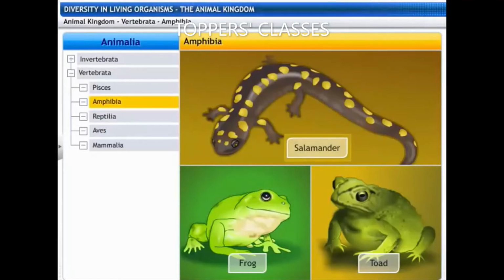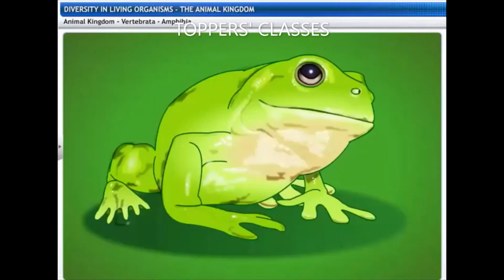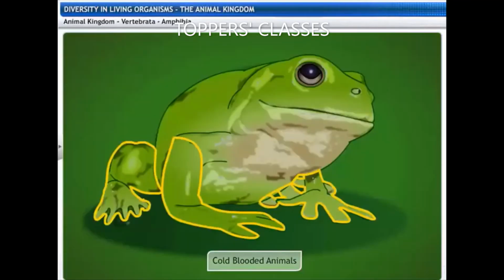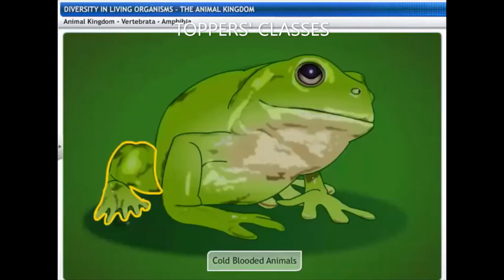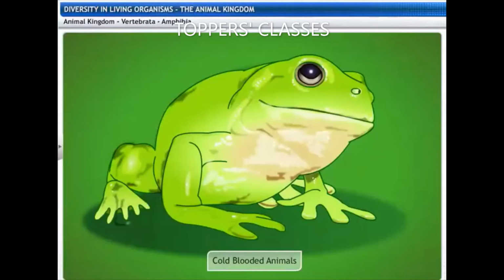Amphibians include salamanders, frogs, and toads. Amphibians are cold-blooded animals. They are the first in the phylum vertebrates to have 4 limbs, each with 5 digits. Hence they are called tetrapods.